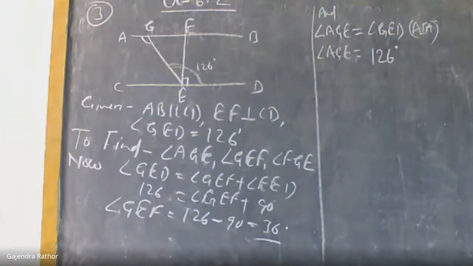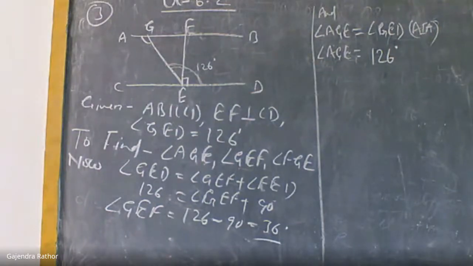So everybody reply, what will be the value of angle FGE and how can we find FGE? Please reply. There are two ways to find the angle FGE. Answer is correct, Rahul, but how can we find?